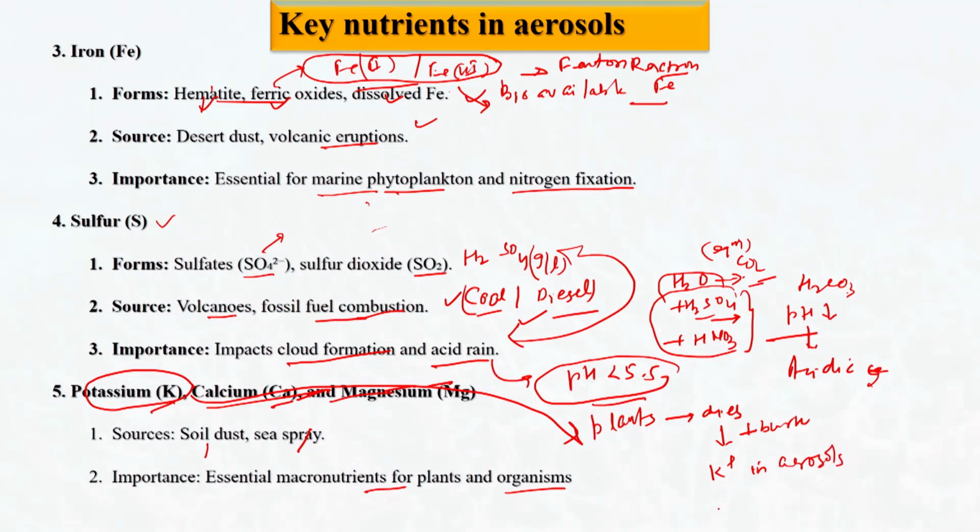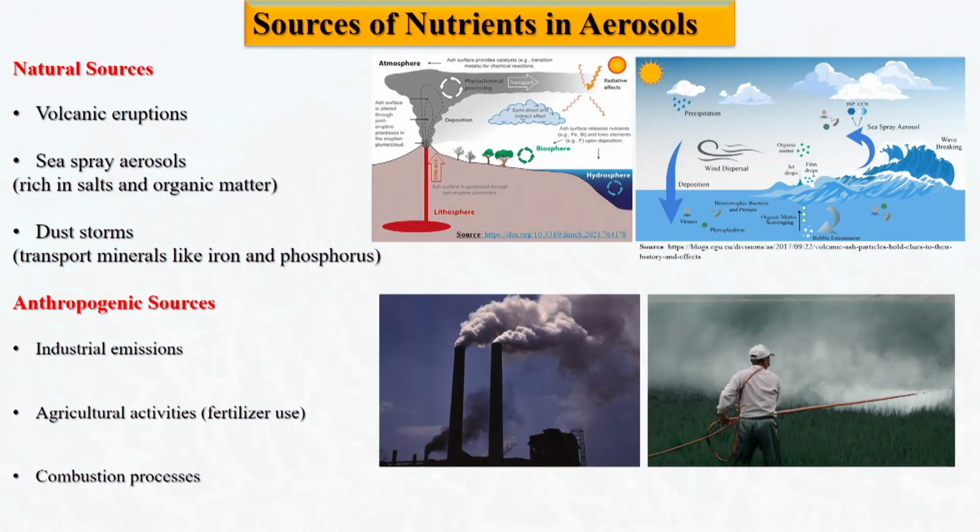So, if you are getting a high concentration of K+, this implies that you have increased biomass burning emission. So, the source of aerosols can be identified this way, but at the same time plants need these nutrients too, because they take them with water through the roots. So, this is very important for plant growth.